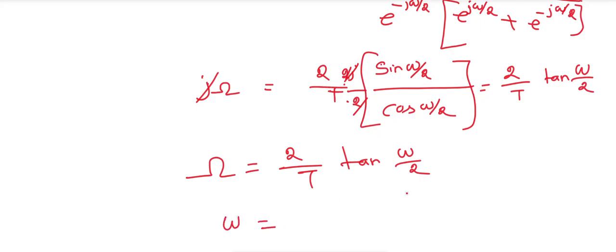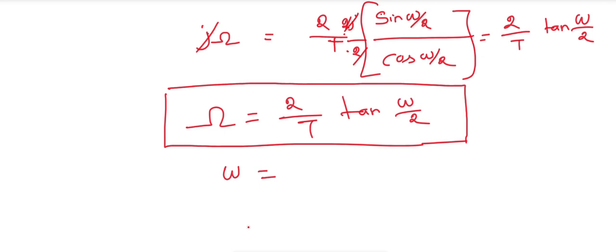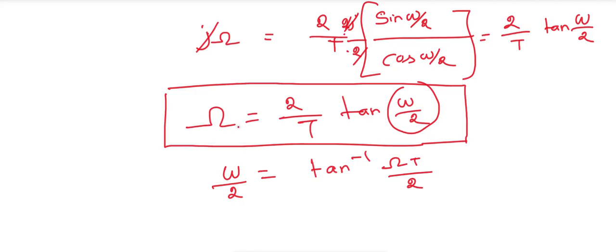You can write analog frequency omega is equal to 2 by T tan omega by 2. Okay, so omega by 2 is equal to tan inverse of omega T by 2.